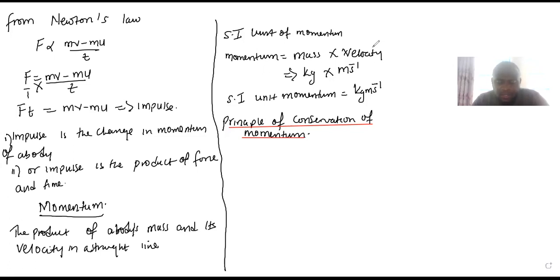If you have at least two items meeting or colliding, then what does the principle state? If two bodies collide in a given direction, the momentum those bodies have before they collide is equal to the total momentum they have after the collision, provided there is no external force coming in.